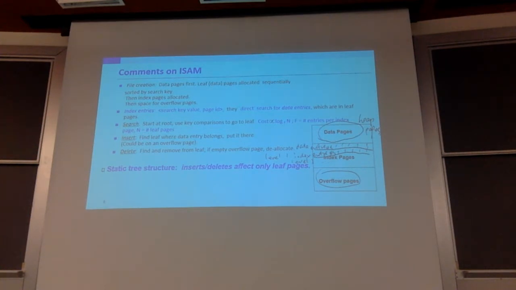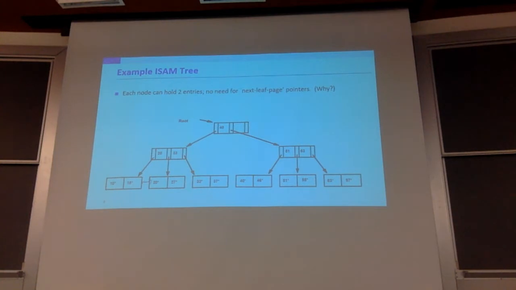Something about ISAM is the next leaf page pointers here. Suppose you are doing a range query, like find all the data entries that are greater than or equal to 20. You first find the first key that is greater than or equal to 20, which is here, right?